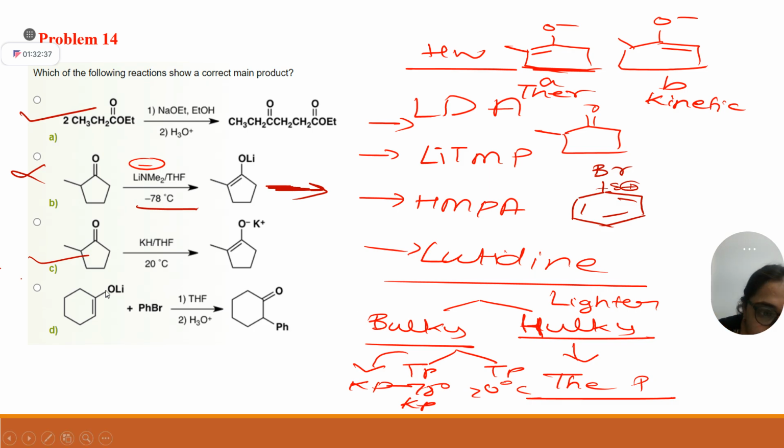So therefore this O negative will attack onto Ph and will form OPh. Okay, understood what I have told you? Here this product will form. Why? Because your electrophile was not that reactive, but we have our anion reactive, that is O negative.